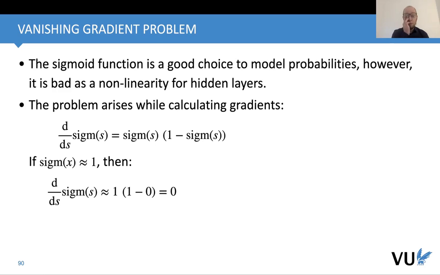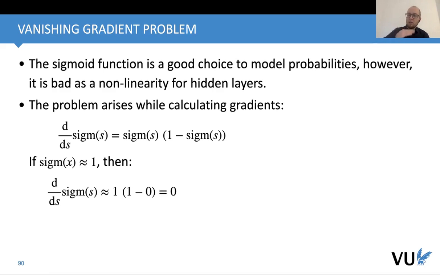It means that if we calculate the gradient of the sigmoid function, we get sigmoid times 1 minus sigmoid. And when our model is very sure about something, and the sigmoid is close to 1, what happens? We get the gradient equal to 0. And what does it mean?